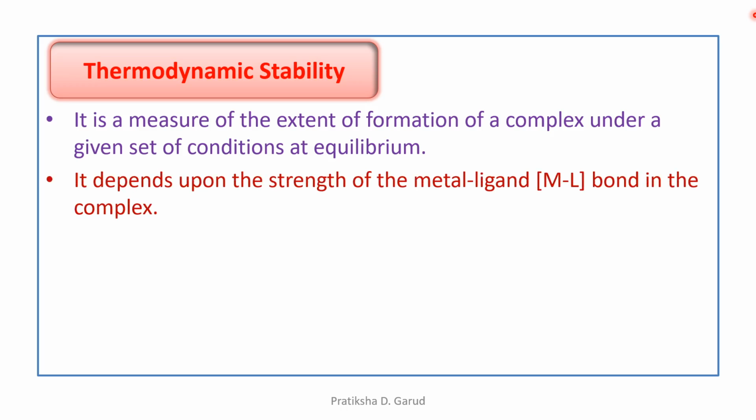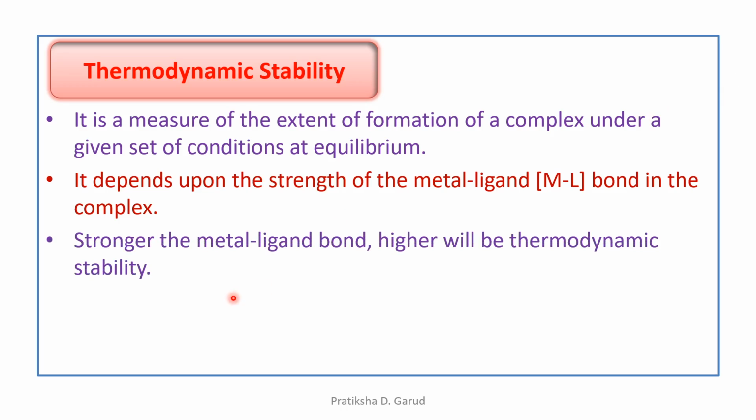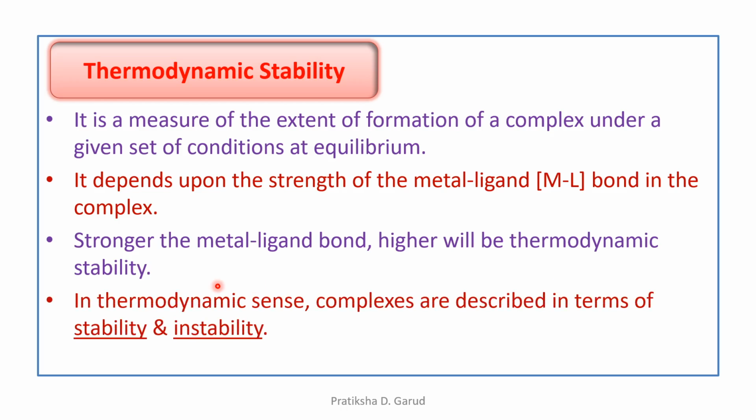It depends upon the strength of the metal to ligand, that is M-L bond, in the complex. The stronger the M-L bond, the higher will be the thermodynamic stability. In the thermodynamic sense, the complexes are described in terms of stability and instability. So this is regarding the thermodynamic stability.